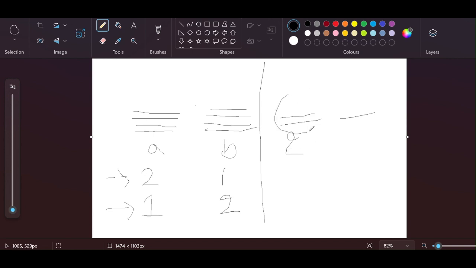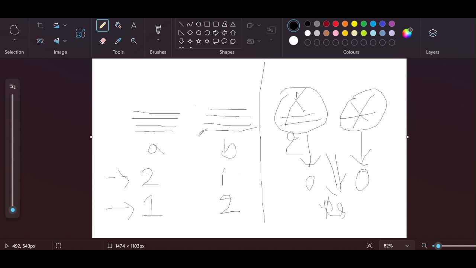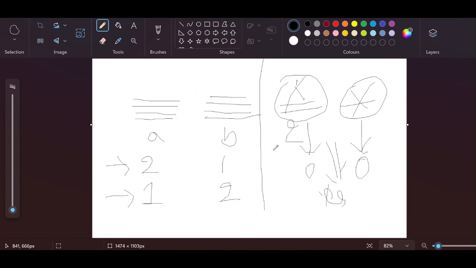So I remove these two coins, and I remove one coin here. So the total coins in pile A are 0 and in pile B are 0, right? So for this we have to return yes, because A and B piles have completely 0 coins.